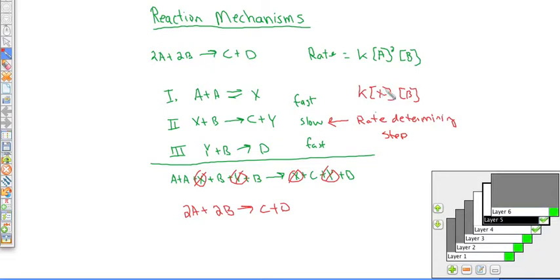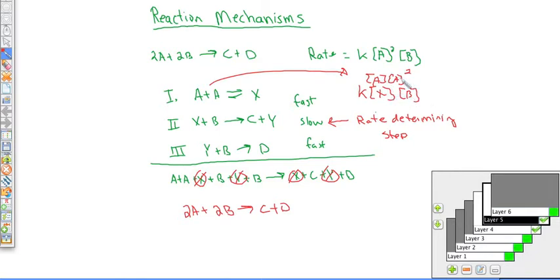So what we have to do is we have to say, well, what does X equal? So if we look back here, X equals A plus A. So there's 2 A's here, and that's what X equals. So if you substitute what X equals, X equals A times A, essentially A squared, right?